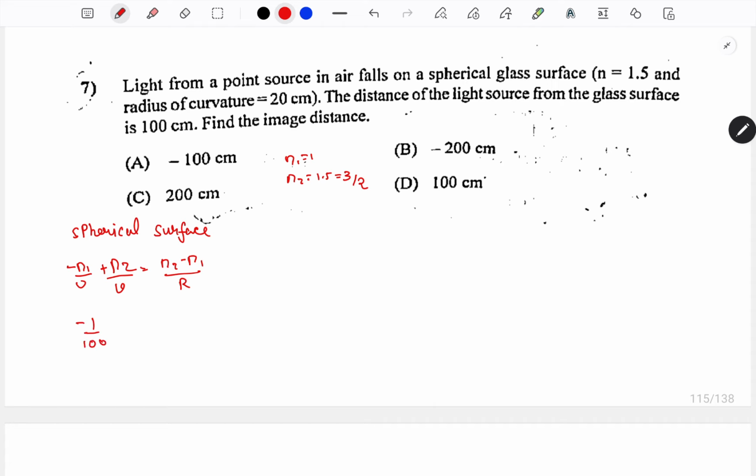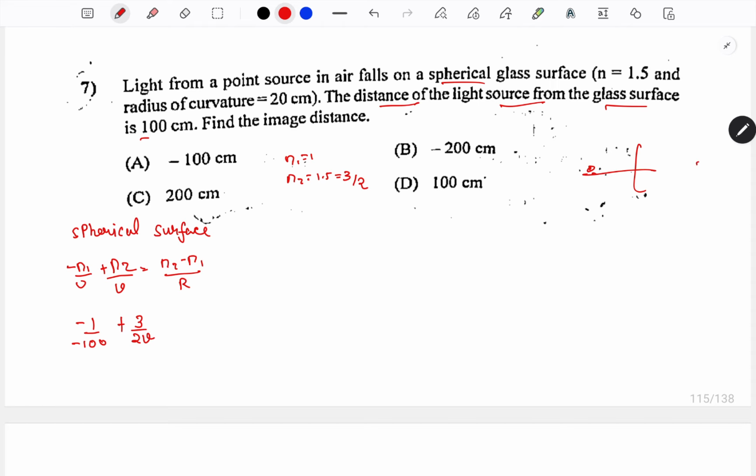Here it's a spherical glass surface and the object is on the opposite side from the glass, so we can write minus 100 plus 3 by 2 into v, because the object is in the opposite direction.